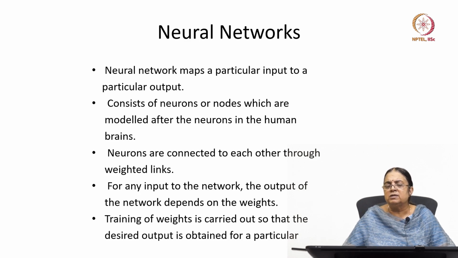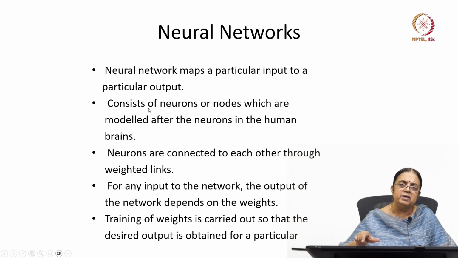So what you are doing is adapting the network so that for the particular input we want, it gives a particular output. The neurons, or we can just call them the nodes, are connected to each other by weighted links.